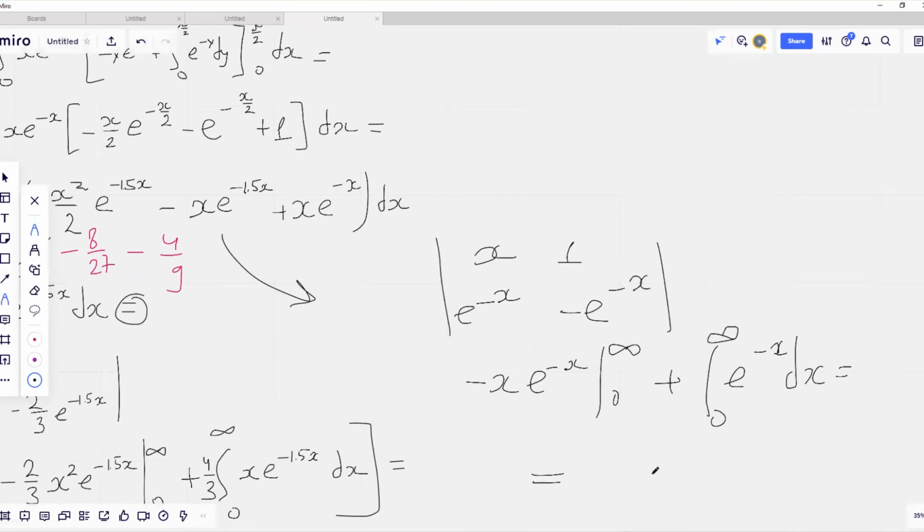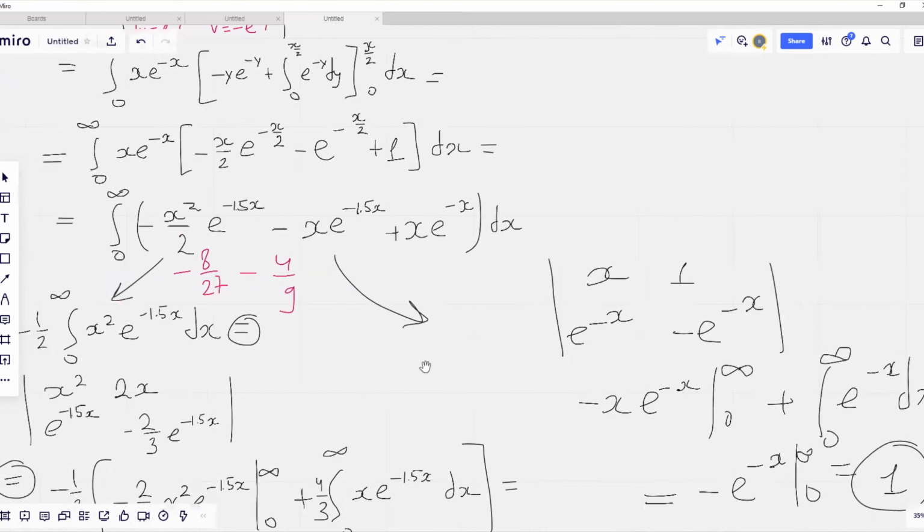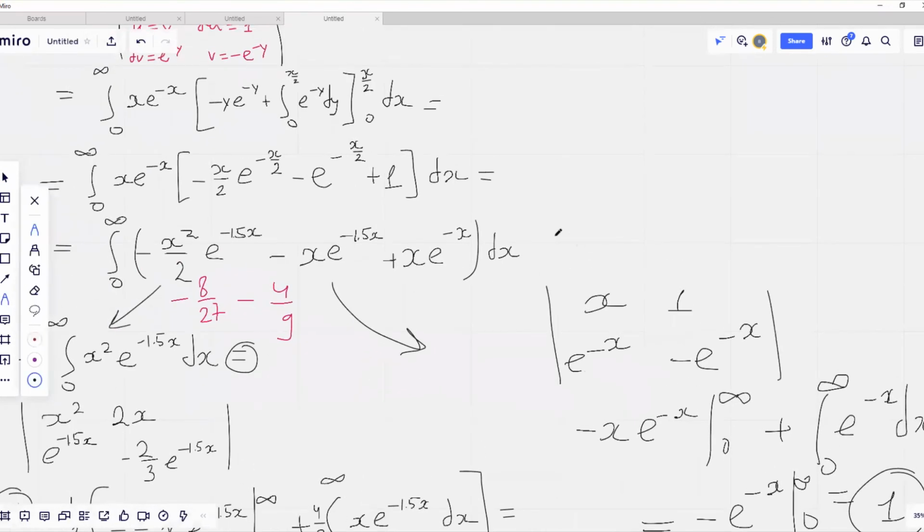So this is equal to minus e to the power of minus x from 0 to infinity. If we substitute infinity here, we'll get 0. Substitute 0 is 1, so this is 1. All right, so then our answer is 1 minus 8/27 minus 4/9.